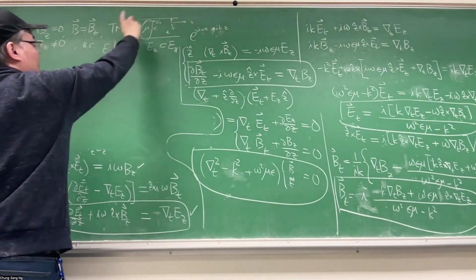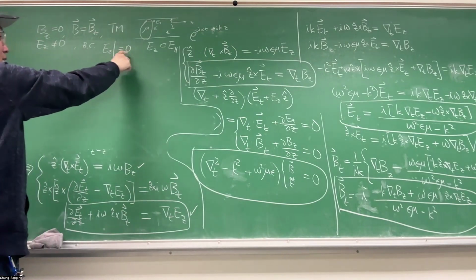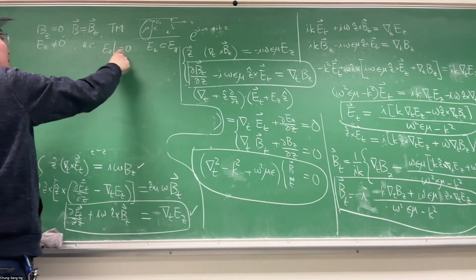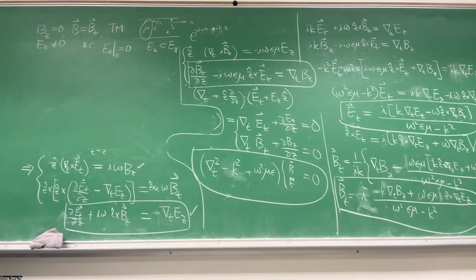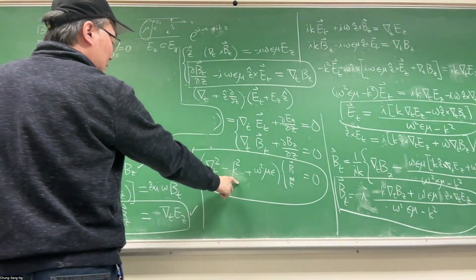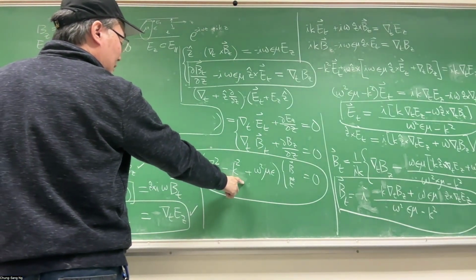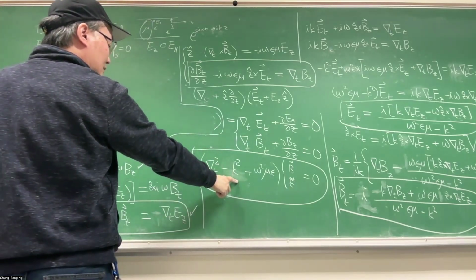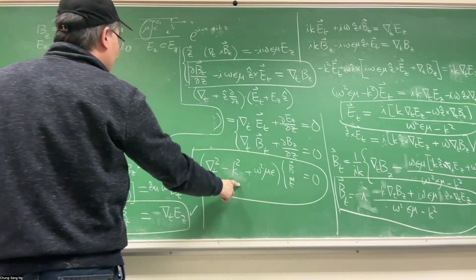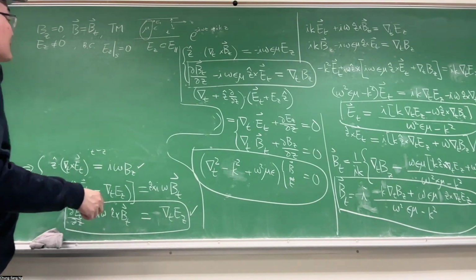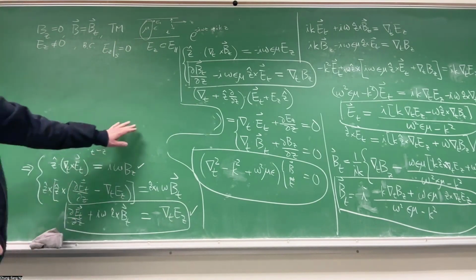I mean, E sub z is not 0 in the interior, but on the surface, you require E sub c to be 0. So that's the boundary condition, and obviously you satisfy the same differential equation right here. So you're solving a differential equation for the E sub c component, but it's subject to the boundary condition. It's 0 on the surface. Okay, so that is what we call a Dirichlet boundary value problem.